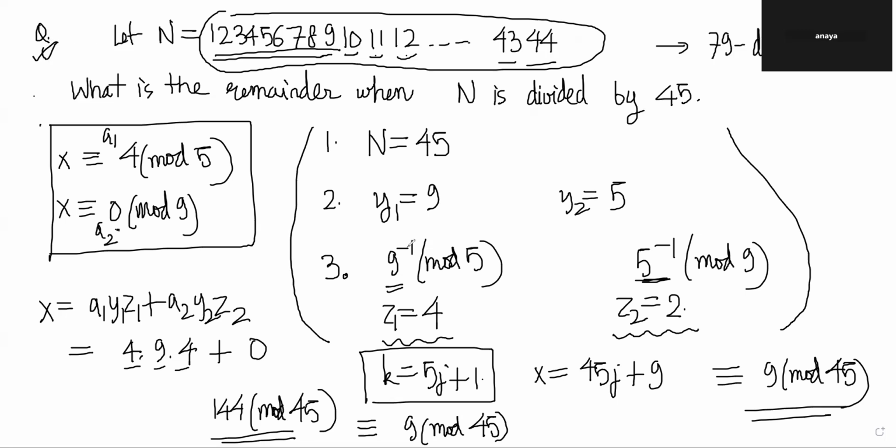There are some other problems also where, especially in the AIME, Chinese remainder theorem has been asked many times. So you need to know it, and you need to know that it applies when you have a system of congruences where the moduluses are pairwise co-prime. After that, you can apply it. If it's a small system, you can do it by hand only. If it's a larger system, then you should use the general method that we saw.